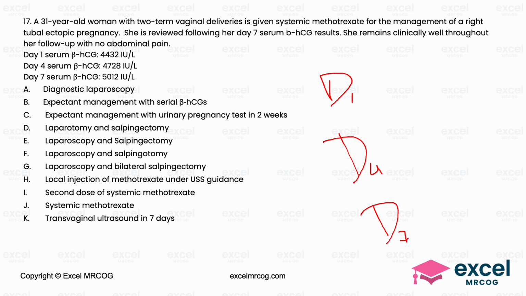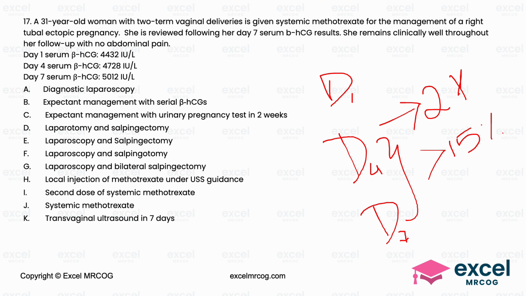Between day 4 to day 7, the fall should be more than 15%. So for example, if on day 4, the beta-HCG level was 2000, and on day 7, the beta-HCG level is 1000, you know that the fall is by 50%. It has halved, right?